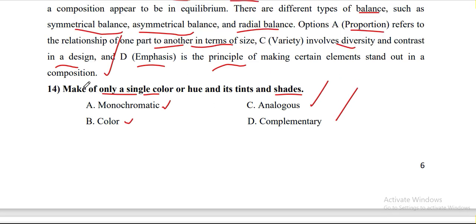Only a single color means it is monochromatic. Single means only one. For that reason, creating a monochrome scheme needs a single color.